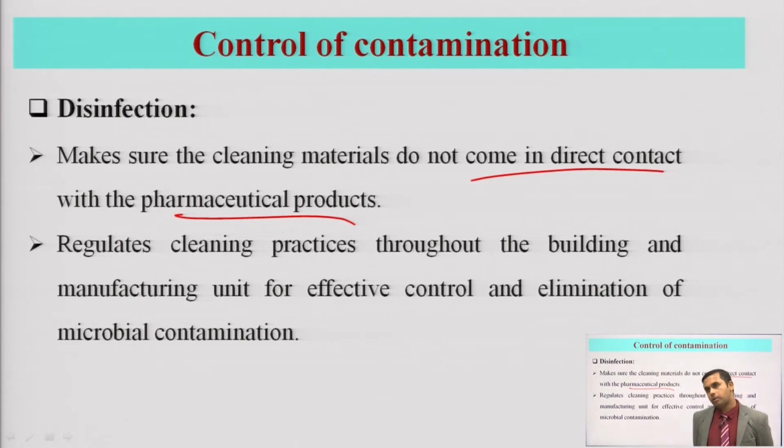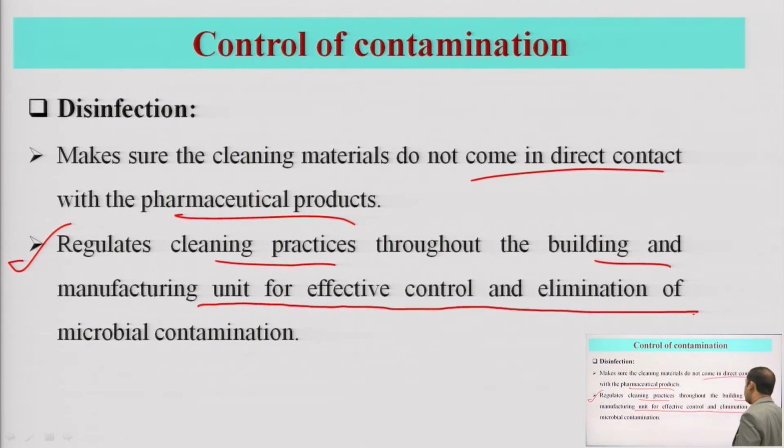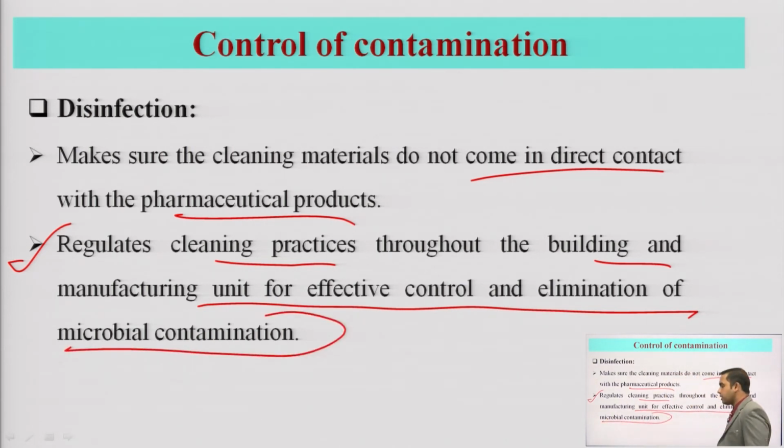So the product we are producing will never come in direct contact with our cleaning material. Okay. This regulates cleaning practices throughout the building and manufacturing unit for effective control and elimination of microbial contamination.